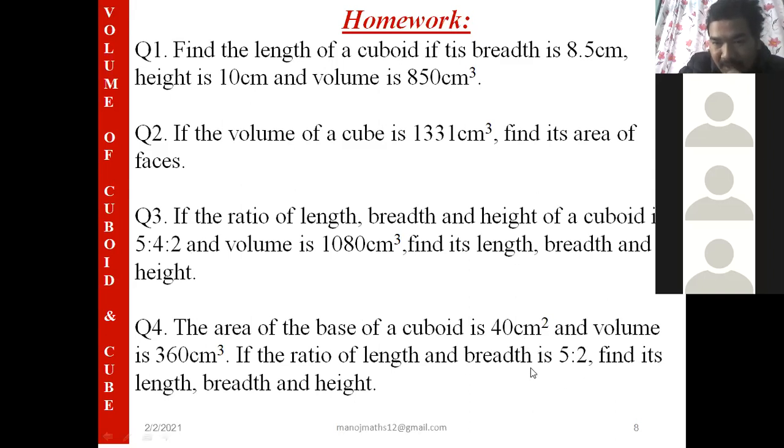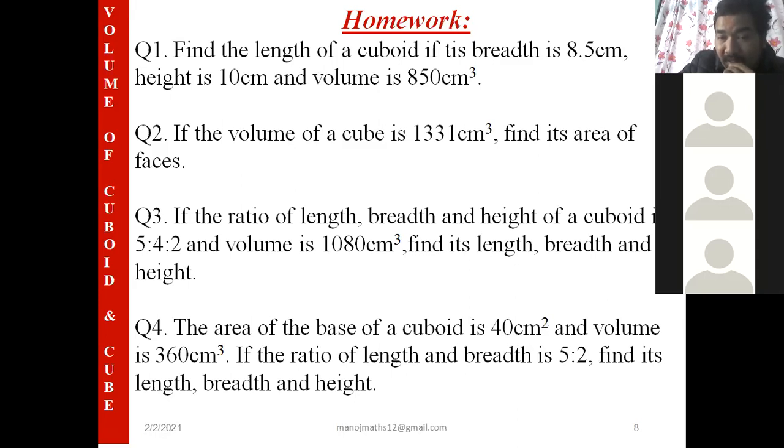Number 4, I am explaining. Length is 5x, breadth is 2x. Then the area of its base is given there. Area of base means L into B. L means 5x, breadth means 2x. 5x into 2x will be 10x square.